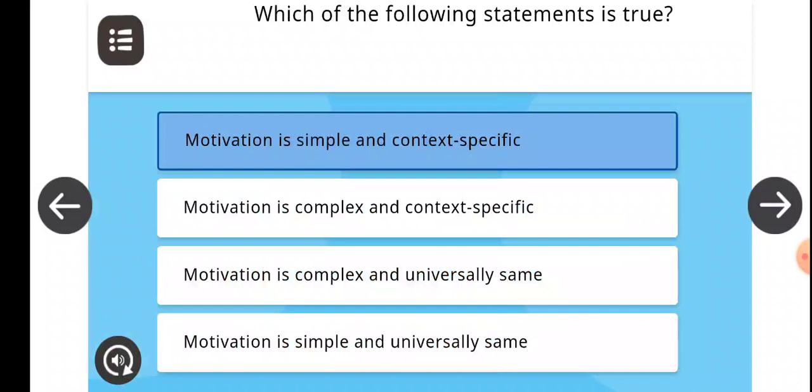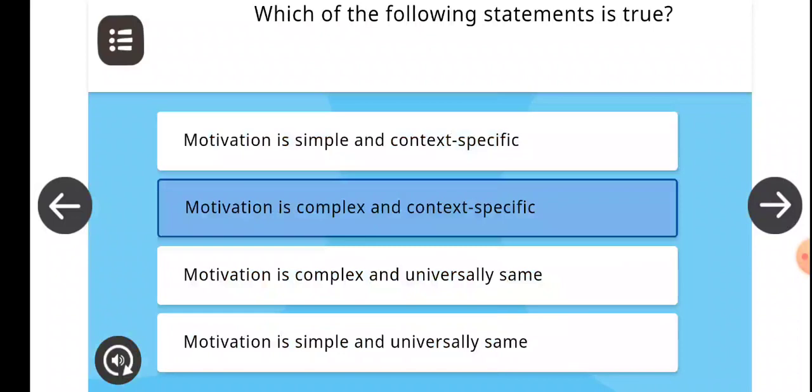It is not a simple thing, it is a complex thing. Motivation is a complex thing, and it is context specific. Of course it is context specific, but option A says it is a simple thing, so it is not correct. Let's go for option B. Motivation is a complex and context specific thing. I think this is the right answer.